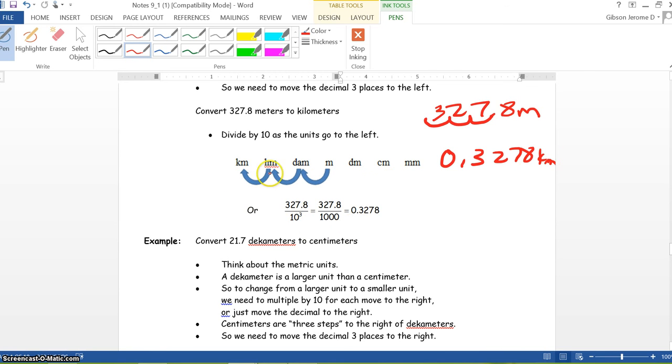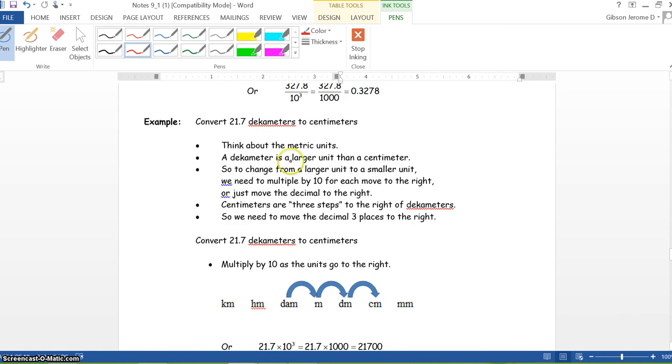Now right here it shows, since you move 3 places to the left, you divide by 10 to the third power. And that will give you the same amount. Or you could just move the decimal that many places to the left. It will give you the same exact answer. Now it says here we want to convert 21.7 decameters to centimeters. So we come down here, decameters, we'll go 1, 2, 3 places to the right.